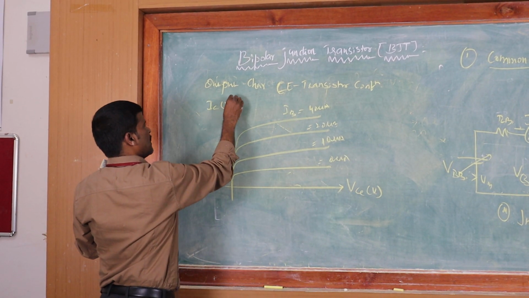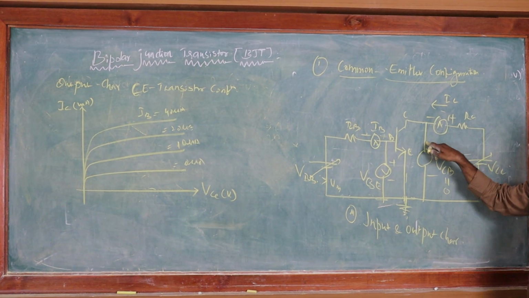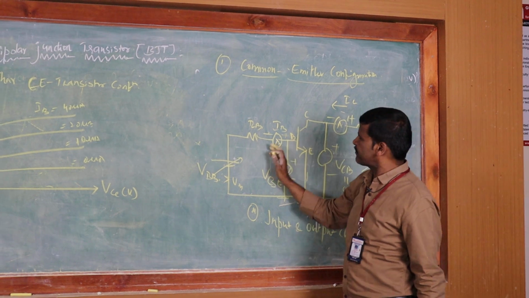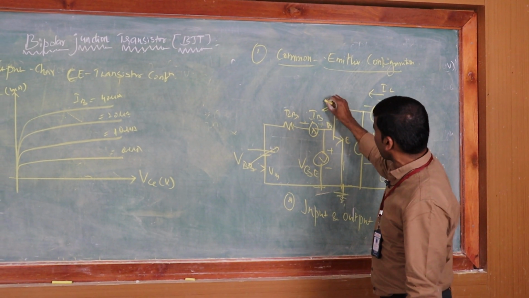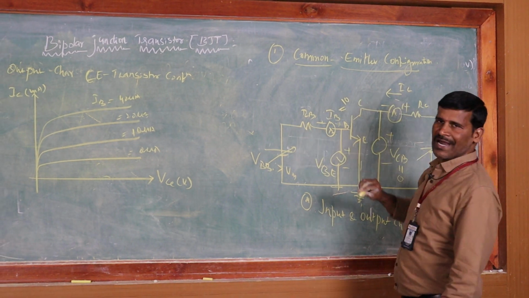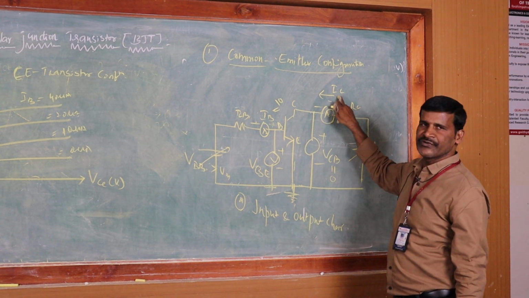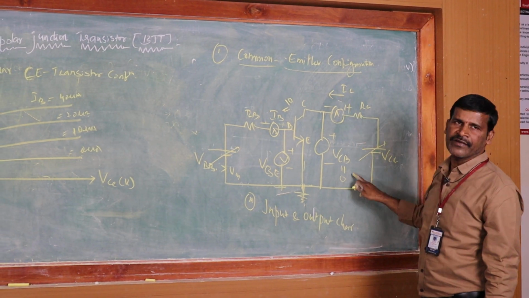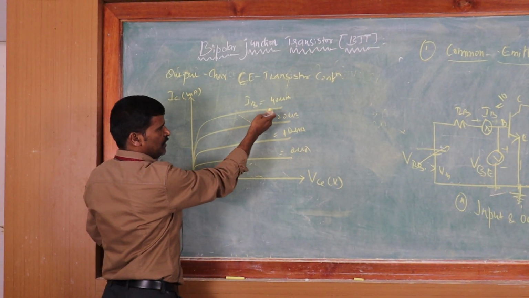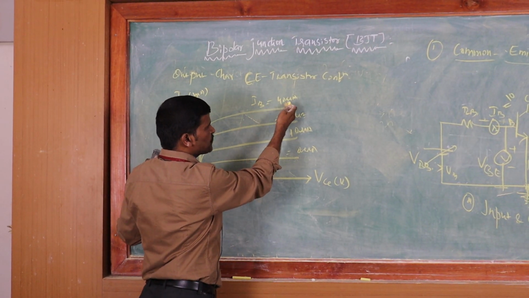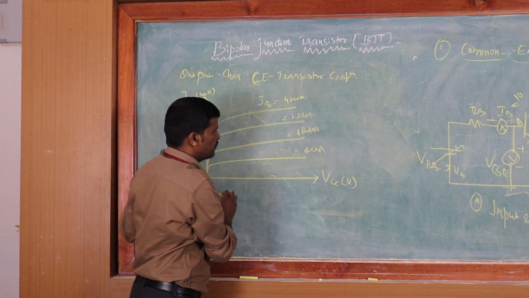IC is in milliamperes. In order to find the output characteristics of any CE transistor configuration, first on the input side you need to keep IB constant at some value, and by varying the output junction voltage VCE, you need to note down the IC and VCE values. So for different constants of IB equal to 40 microamperes, 20 microamperes, 10 microamperes or 0 microamperes, while increasing the output junction voltage, note down IC versus VCE values.